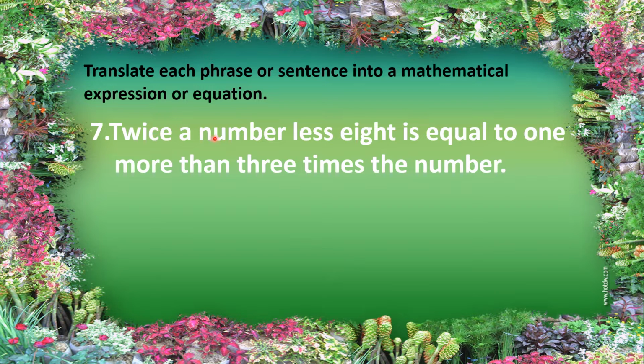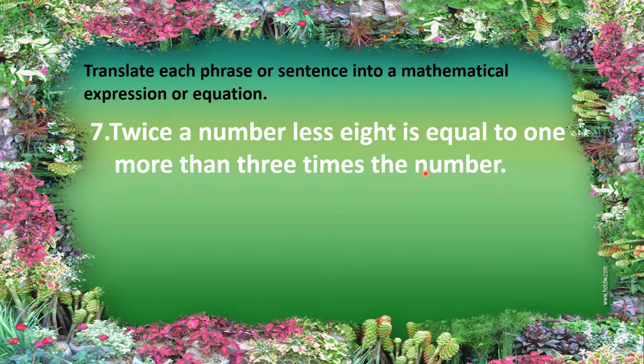How will you write 2 times a number? 2x. Very good. Less means subtraction, isn't it? So twice a number less 8 is 2x minus 8. Very good.